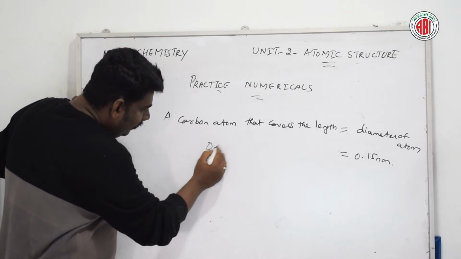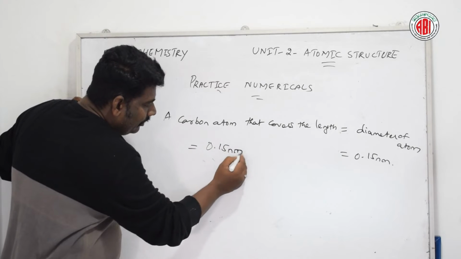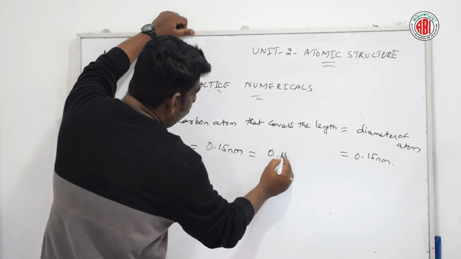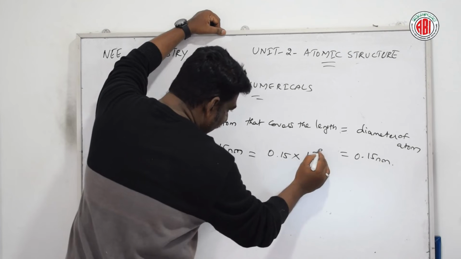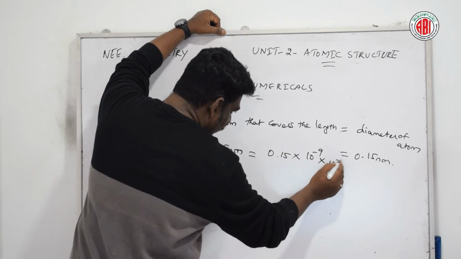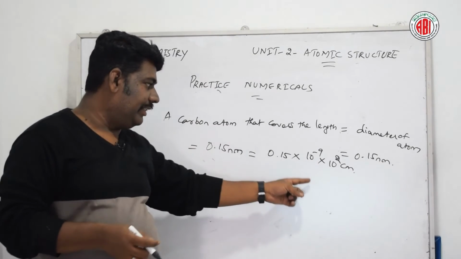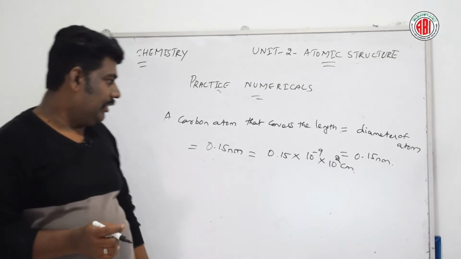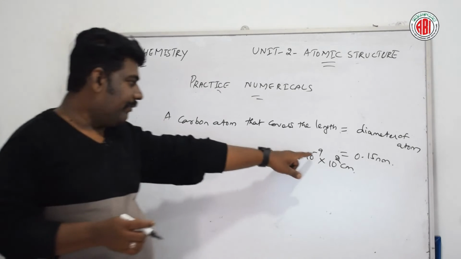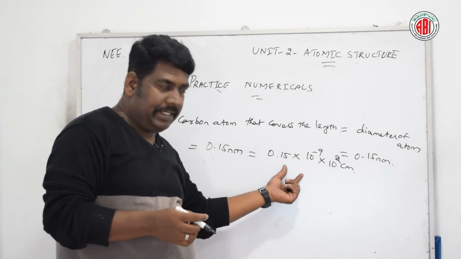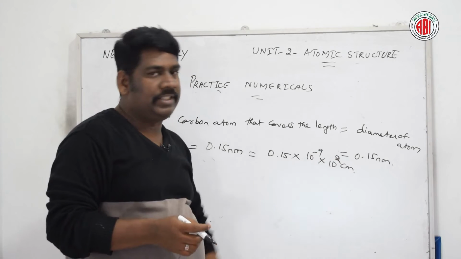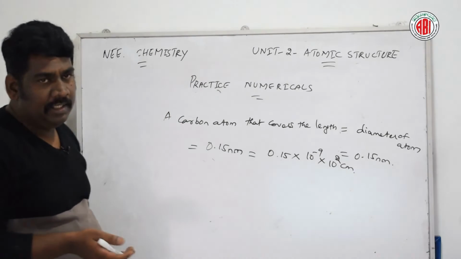So 0.15 nanometer is converted as 0.15 into 10 to the power of minus 9, that is considered to be meter, into 10 to the power of 2 centimeter. So converted into centimeter.